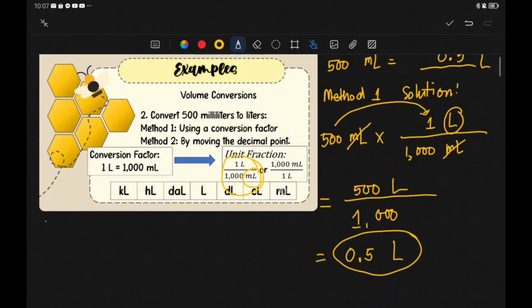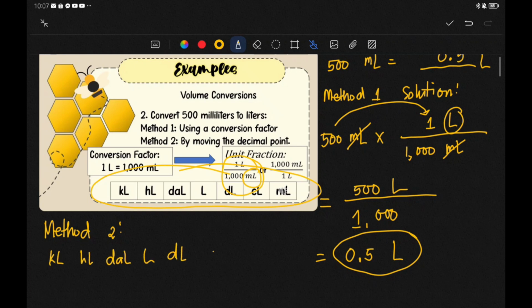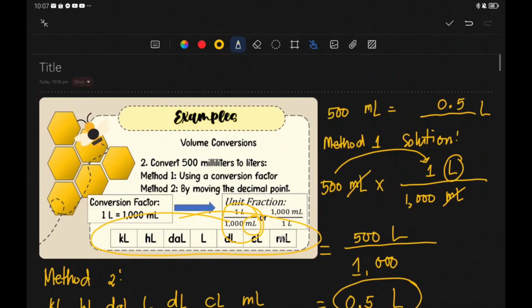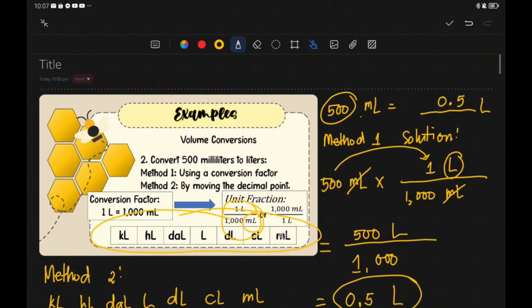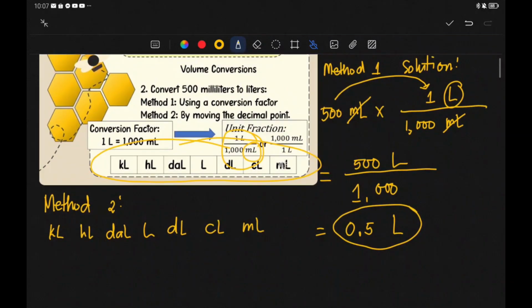For method 2, we are going to use this table. So we have kiloliter, hectoliter, decaliter, liter, deciliter, centiliter, and milliliter. So the given is 500 ml. So 500 is placed here. So from milliliter, we are going to liter.